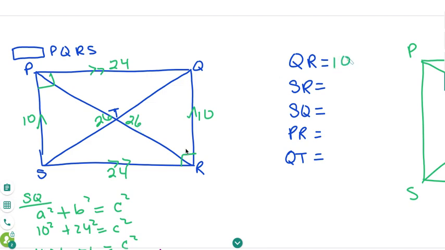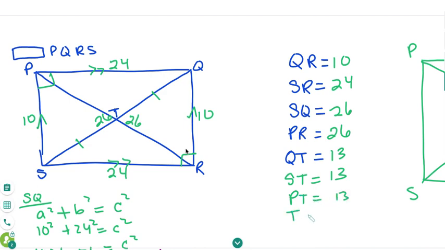QR is 10, SR 24, SQ 26, PR 26, and QT, well, if they are diagonals, they bisect each other, so that would make QT 13. It would also make ST 13. And it would make PT 13, and it would make TR 13.